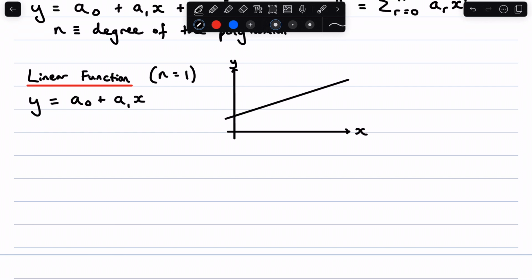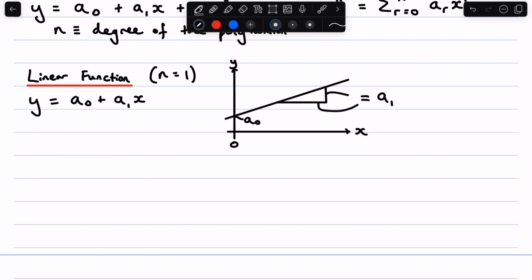This graph here represents this function, and our intercept will be a0, because when x is 0, we have only y equaling a0. And the gradient of this slope, this number over this number, will be equal to a1.